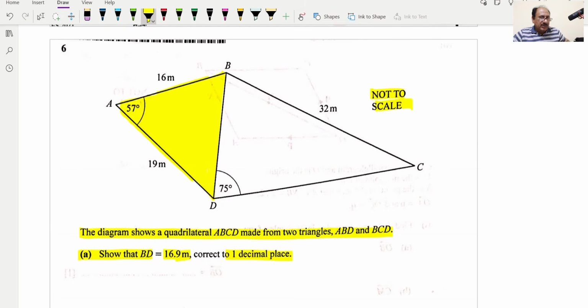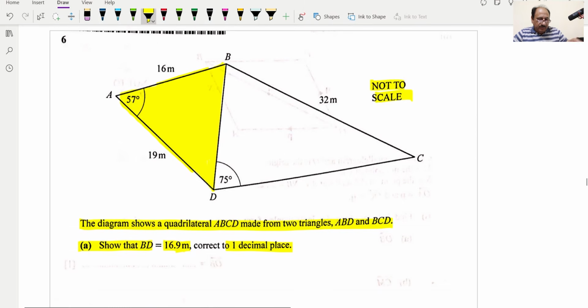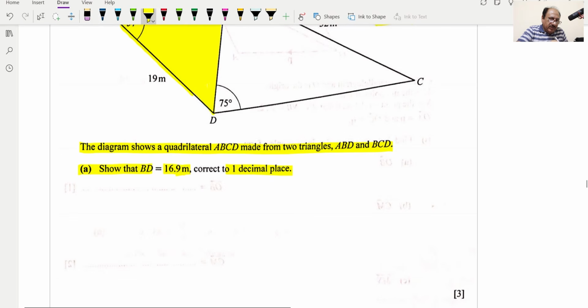Now this is the triangle ABD which we will be considering, and we will be applying the cosine rule.